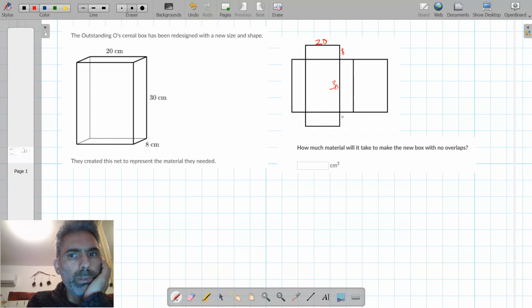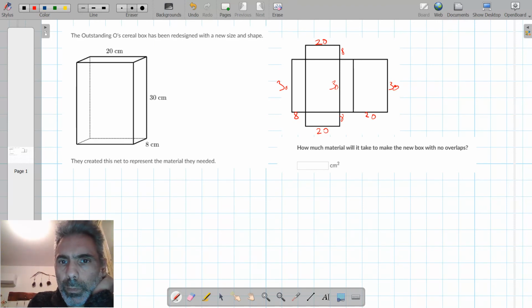And the rectangle at the base is 8 by 20. The left face is 8 by 30, and the front face is 20 by 30. Okay, so I have all the dimensions I need.